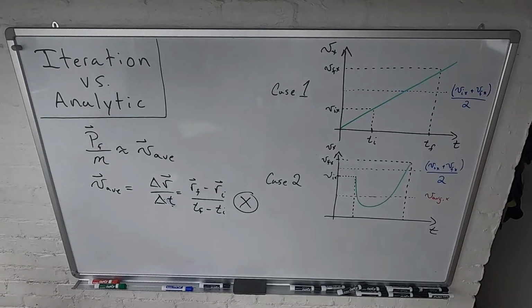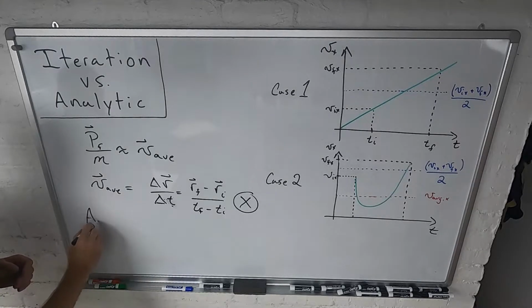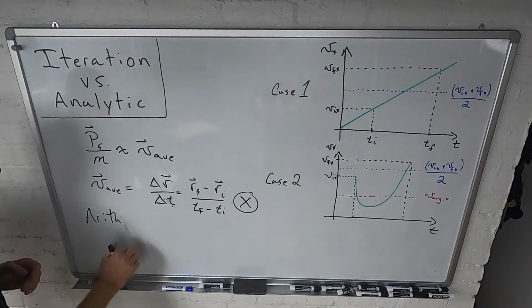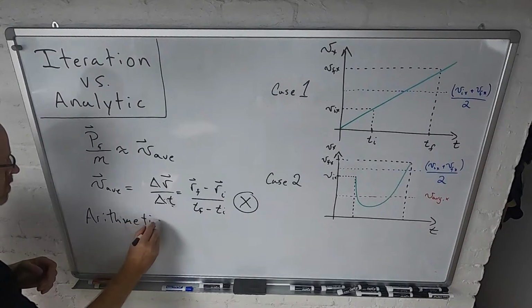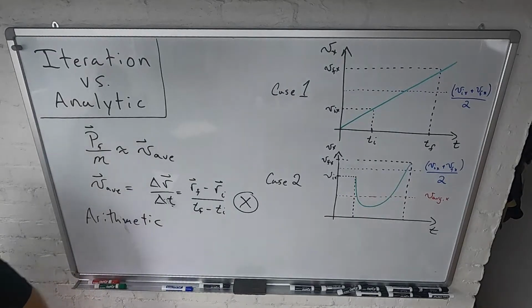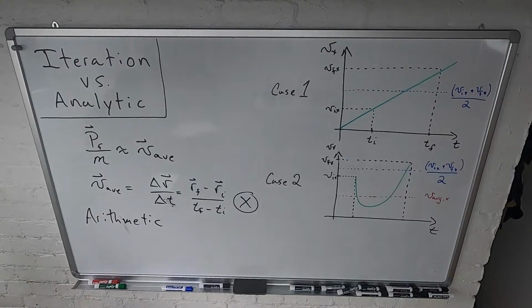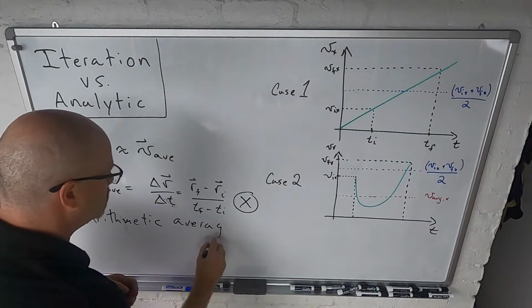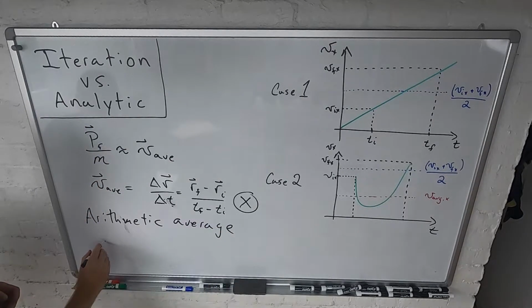Now there's another way to calculate the average velocity, and that is what's called the arithmetic average. The arithmetic average is the mean, essentially, to calculate the average velocity.